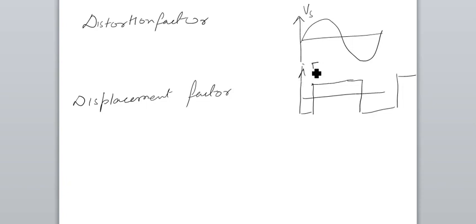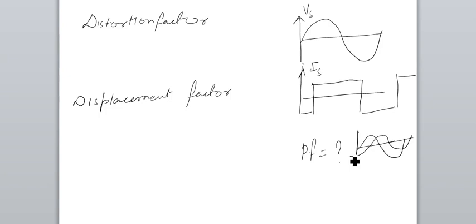Now I want to take out the power factor of this. According to networks, power factor can only be defined if the waveforms have the same shape, that is, a sinusoidal voltage and a sinusoidal current.